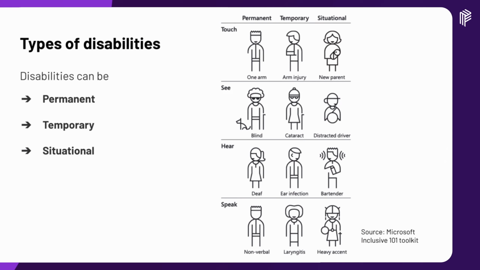It can be temporary for someone that has a broken or injured arm, or it can be situational, like a mother with her newborn baby, who can also only use one arm. So an app that is accessible for touch type disabilities is going to help not only the person with permanent disabilities, but everyone that has temporary or situational disabilities as well.